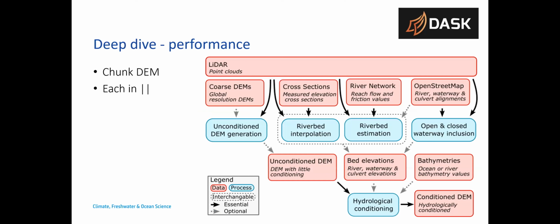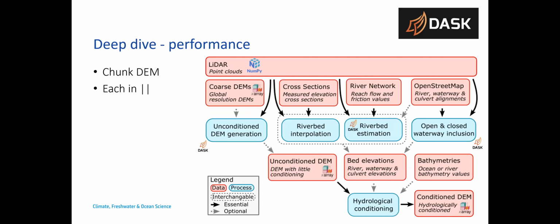So here we've got the architectural diagram again, and basically we're trying to deal with these reasonably large mid-sized datasets over quite a large region, which means you are ending up with maybe the small end of big data, maybe it's just large data, and looking at how we could improve the performance, which we did through chunking our digital elevation models and running each chunk in parallel.